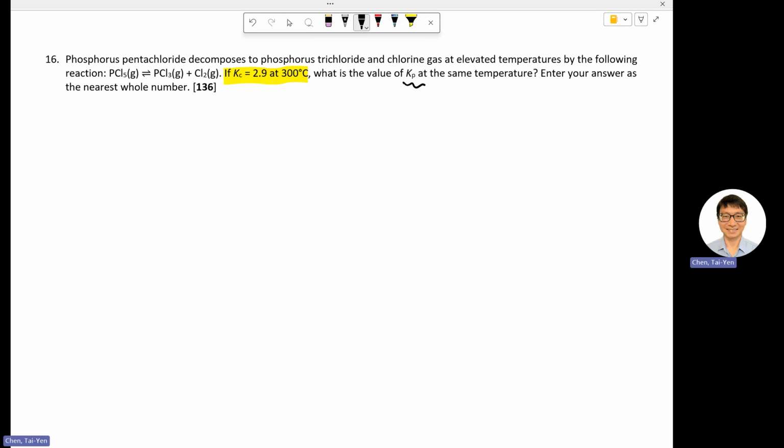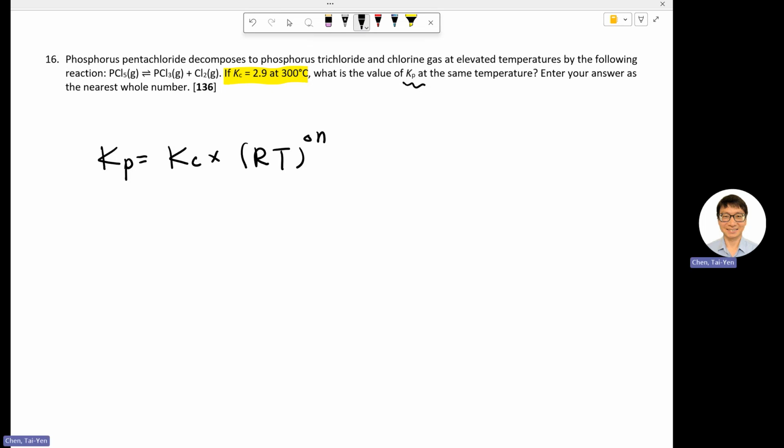So this again comes back to the equation that I asked you to memorize. The way you convert Kp and Kc is that Kp is going to equal Kc multiplied by RT to the delta n power, right? So now you need to know how to compute delta n.